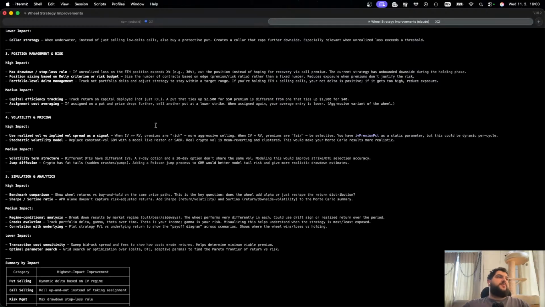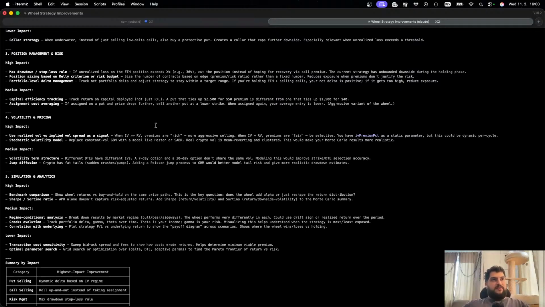Okay, volatility and pricing, the next category. The high impact is using the realized volatility versus implied volatility spread as a signal. If the implied volatility is more than realized, premiums are rich, so sell more aggressively.